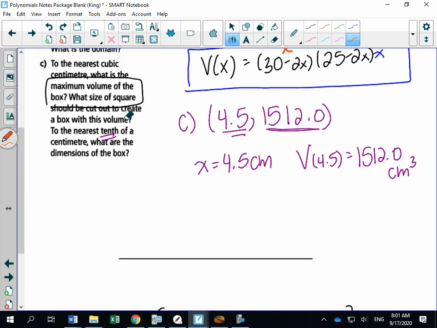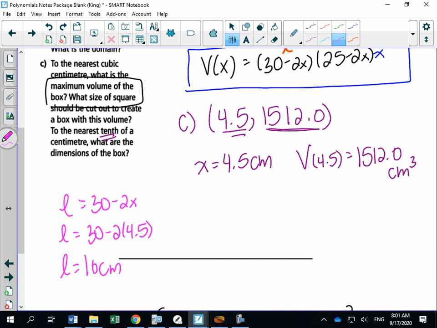So the length is equal to 30 minus 2x. Length is equal to 30 minus 2 times 4.5, because they're taking out 4.5 from each side, x is 4.5. And if you type that in your calculator, 30 minus 2 times 4.5, you are going to get a length of 16 centimeters. Okay, let's do the width.